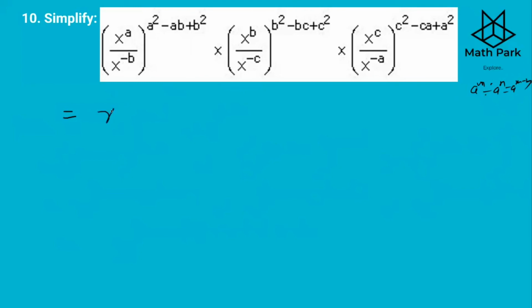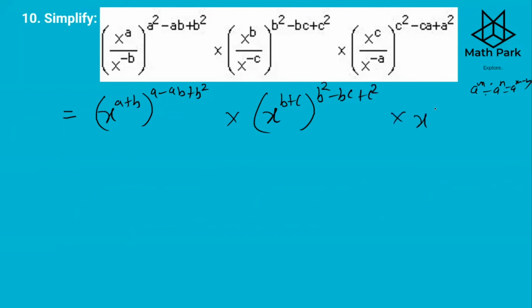So this is going to be x raised to a minus of minus becomes plus b, a plus b, raised to a square minus ab plus b square, into, this is going to be x raised to b minus of minus c becomes b plus c, this raised to b square minus bc plus c square, into x raised to minus of minus plus a, so c plus a, raised to c square minus ca plus a square. Recall the identities.